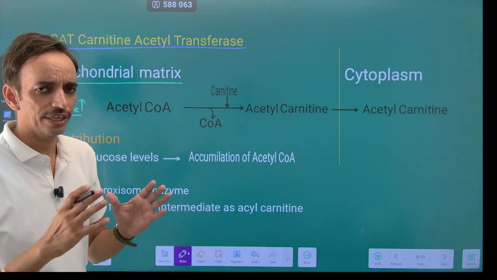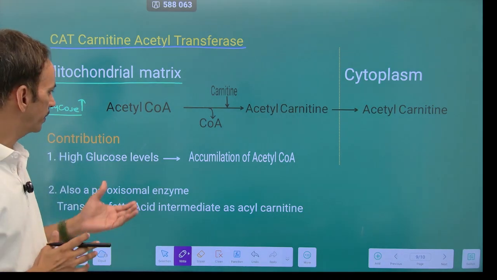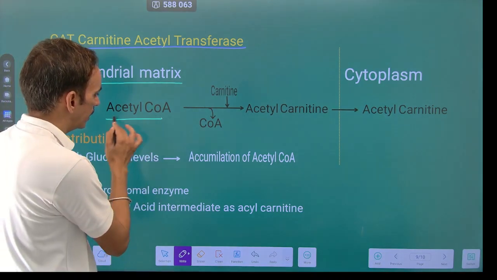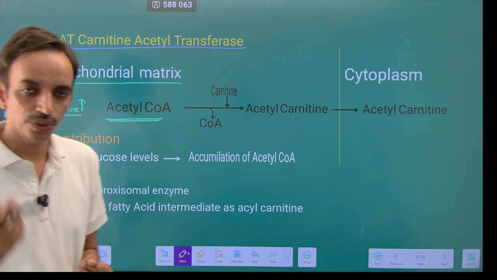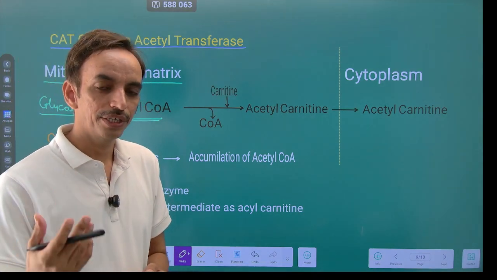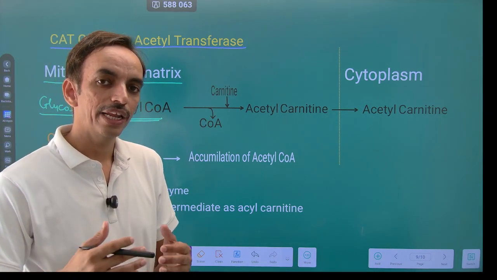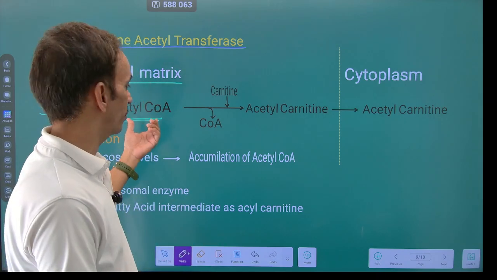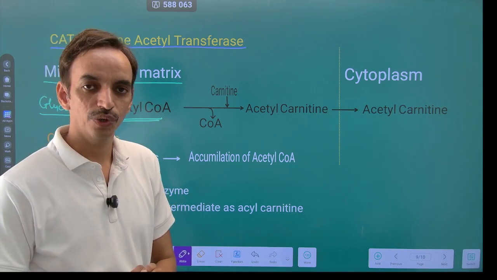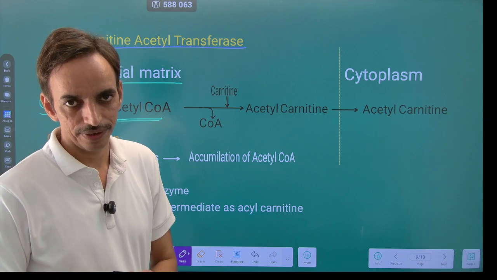So you are in the energy rich state. During this state, the acetyl coenzyme A produced upon beta oxidation of fatty acids will accumulate within the mitochondrial matrix, because you have plenty of glucose in the matrix.